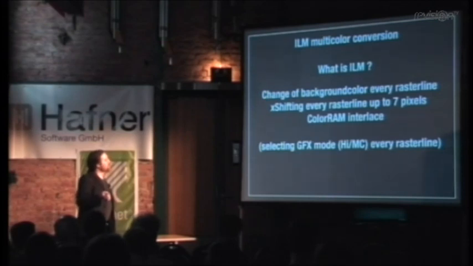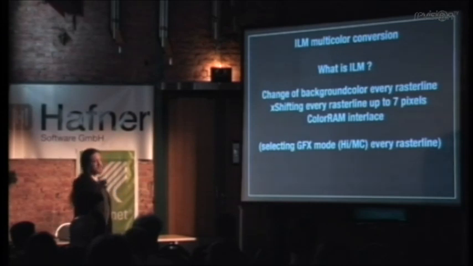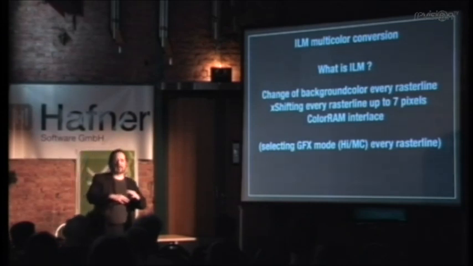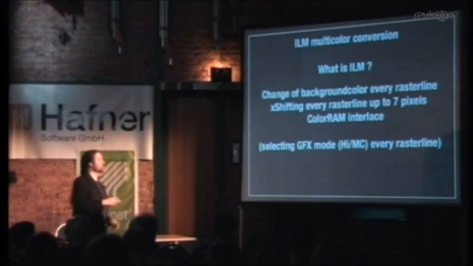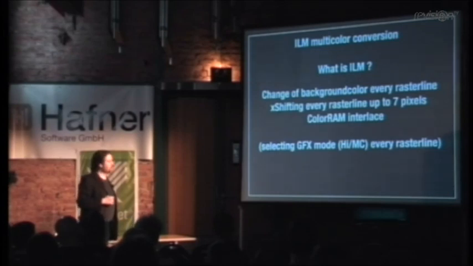We can select the graphics mode, high-res or multicolor, in every raster line. So we can mix the graphics modes. So it's a pretty advanced thing, and the best of it, it's pure bitmap. No sprites used in here. So we don't mess up the memory, and we have a quite easy to use system.